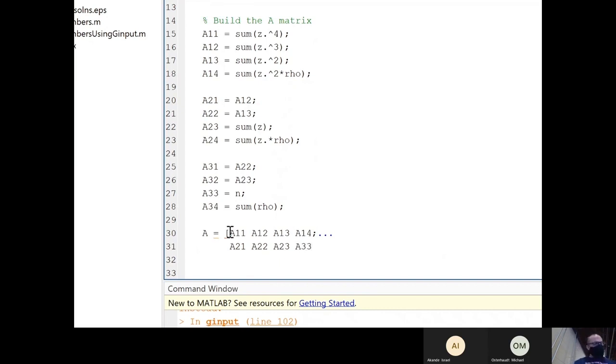Oh yeah, A24, A31. Make sure you need a dot before the multiplication on line 18 for A14. Those dots will get you every time.